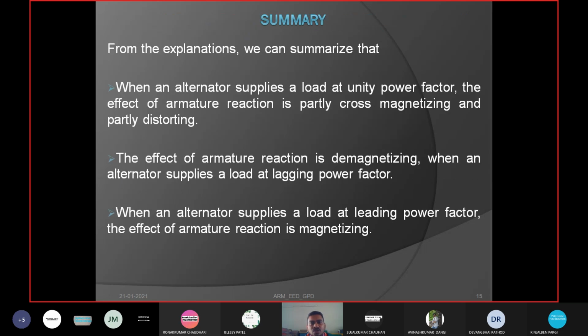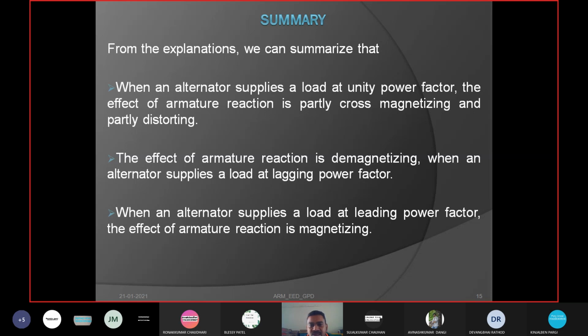From this explanation we can summarize that when an alternator supplies a load at unity power factor, the effect of armature reaction is partly cross magnetizing and partly distorting. The effect is demagnetizing when an alternator supplies a load at lagging power factor.